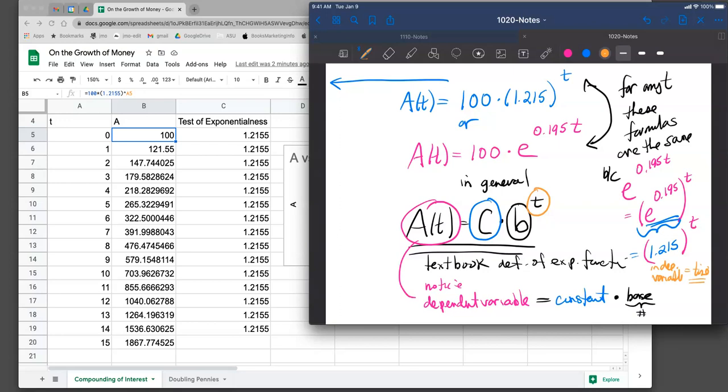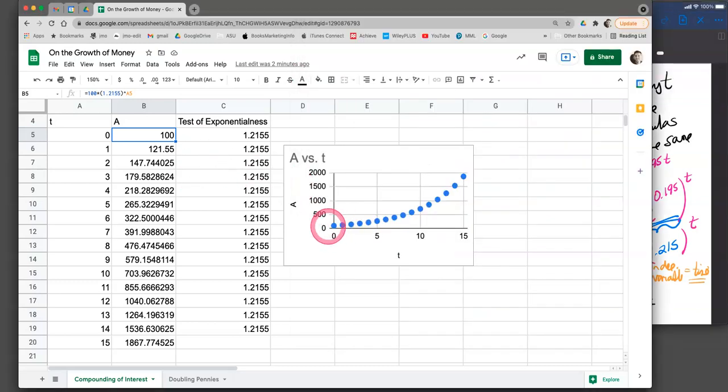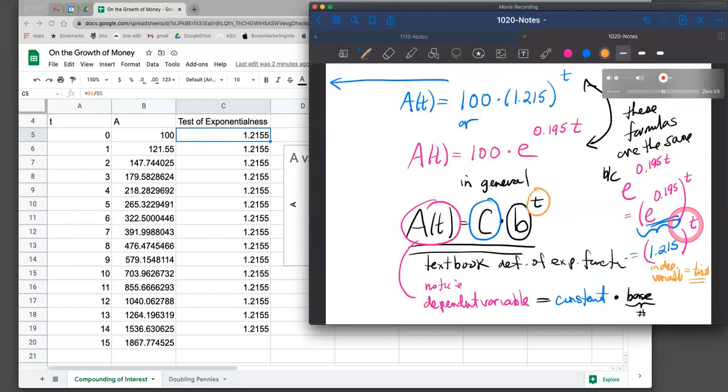Exponential functions typically look like this graph, where they increase in a very exponential way. To be very formal about that, here's the test for how you know the function is exponential. So that connects up a couple of very different ideas.